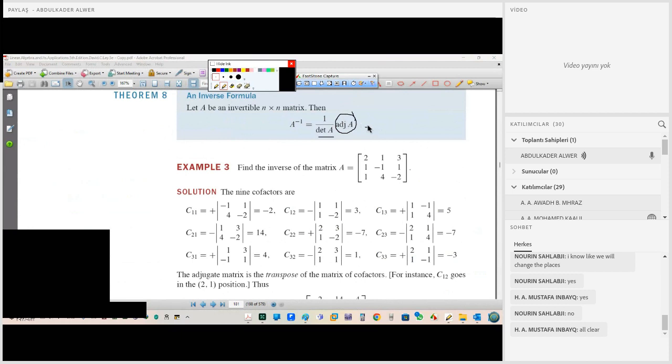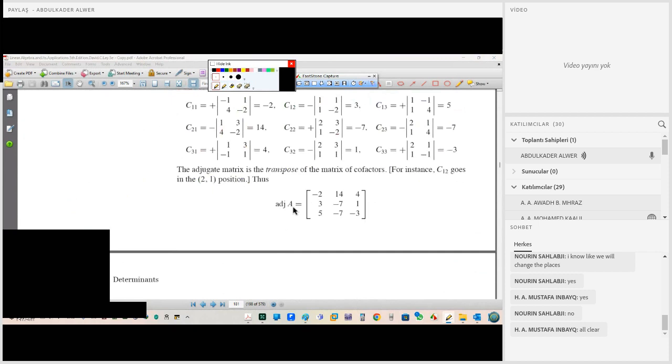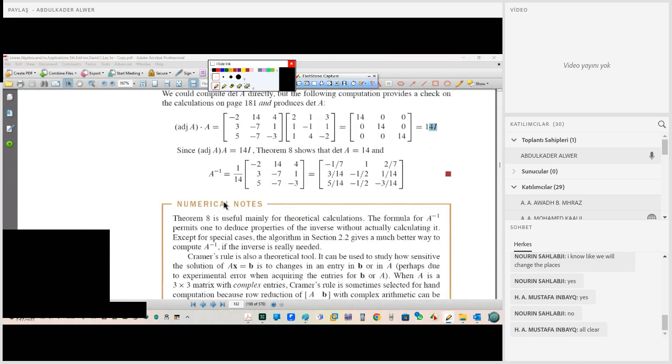That means it is C^T, the transpose of the cofactor matrix. Again, don't forget this is a matrix, but based on the determinant. You can keep this outside or enter it inside. Any question for this?